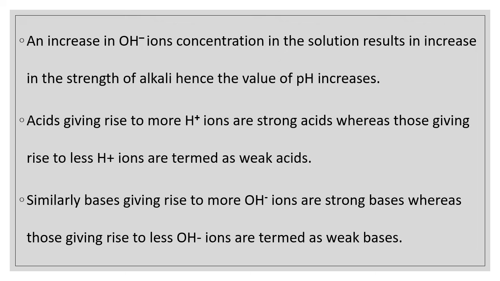Otherwise, there is a paper known as pH paper, and that pH paper is dipped in the given liquid and, depending upon the color, we can say whether it is more acidic or less acidic, or more basic or less basic, or neutral. So the color on the pH paper tells how much the pH value is, and from the pH value we can conclude whether it is acidic, basic or neutral.